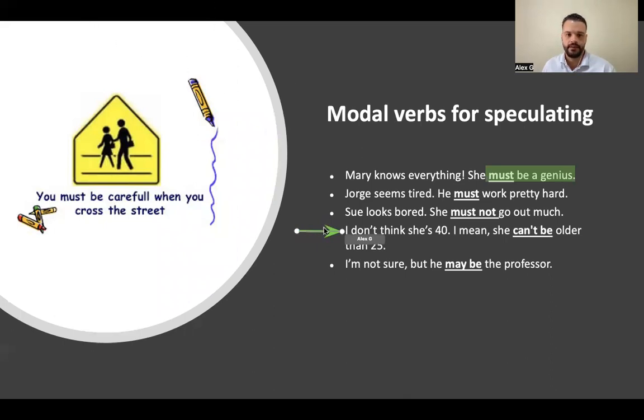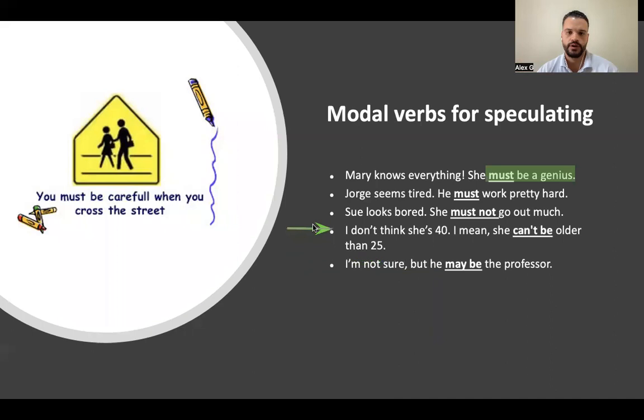And finally, the last one is going to be, I'm not sure, but he may be the professor. May or might are going to be like the possibles, right? When we're not sure, we're in the middle, whether it could or might not be, we're going to use maybe, okay?